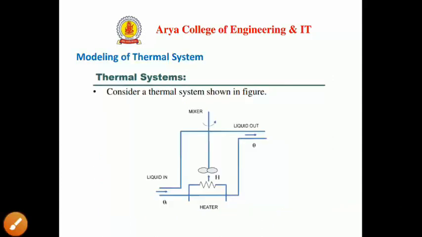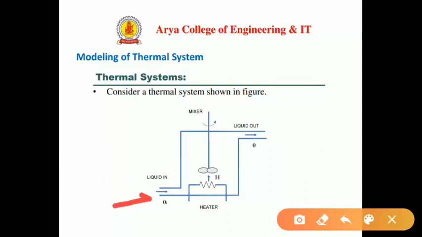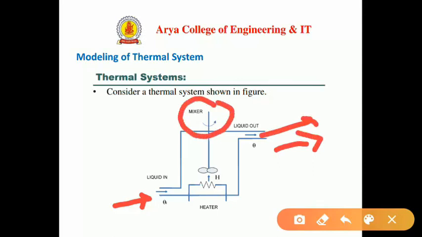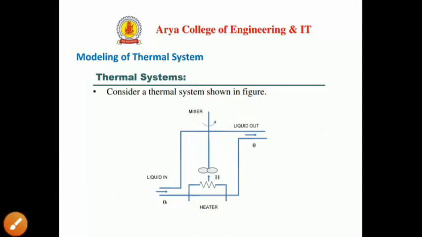So now we consider a thermal system in which we have liquid in and liquid out. It means there is liquid entering from this point and there is an outlet point, and we have a mixer which makes the liquid uniform, and a heater is used to produce heat, that is H. For modeling this thermal system we have some assumptions.